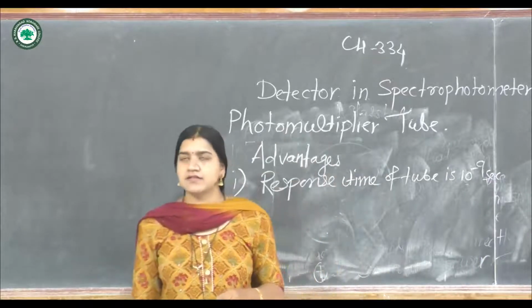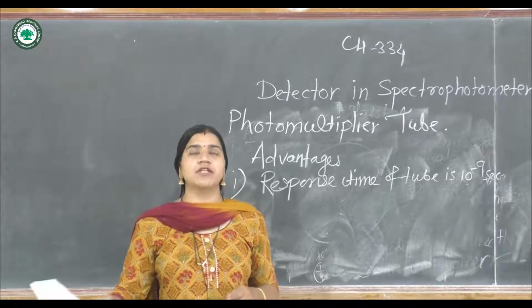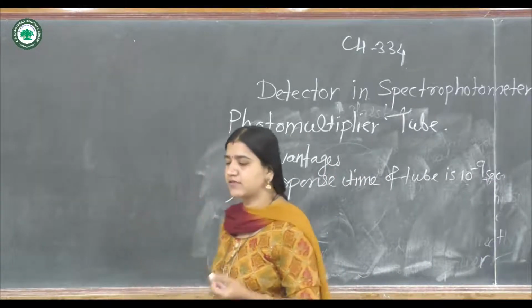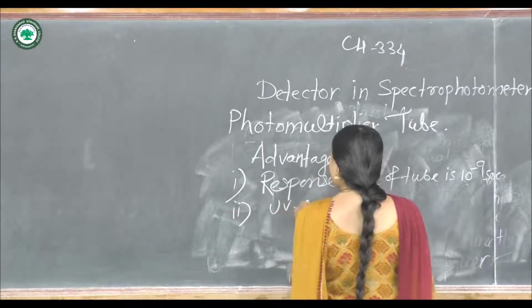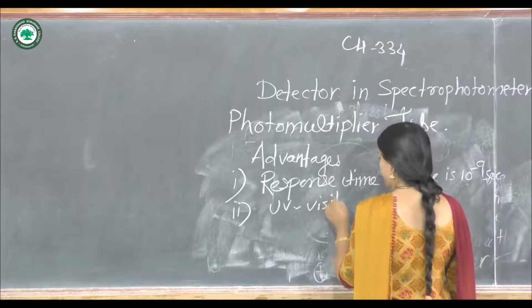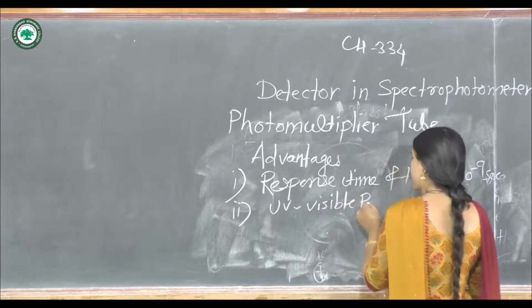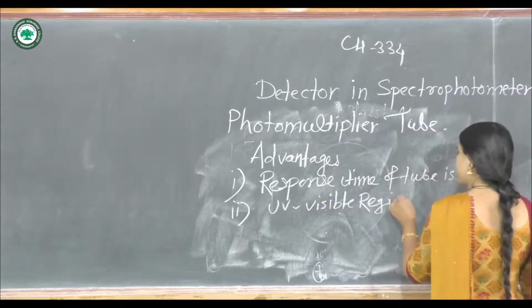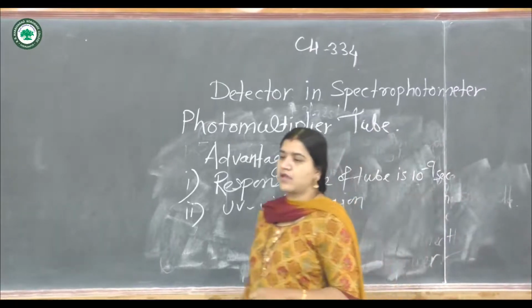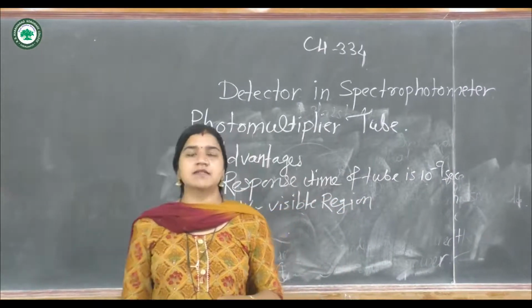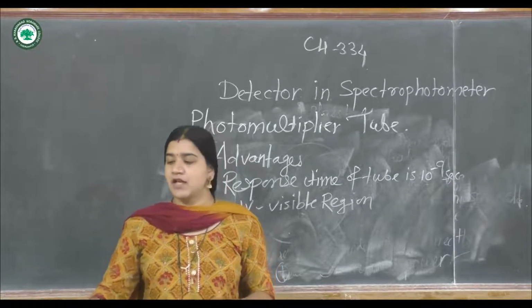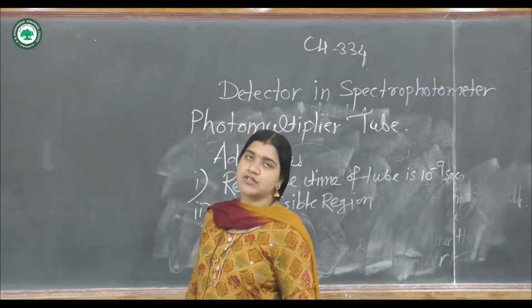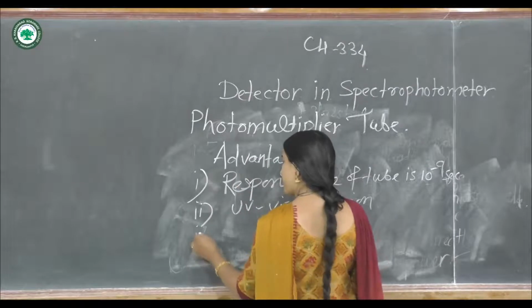Then second, they are highly sensitive in the UV region as well as the visible region. And the third one, as the output of the tube is several milliamperes, it can be used to measure the radiant powers.